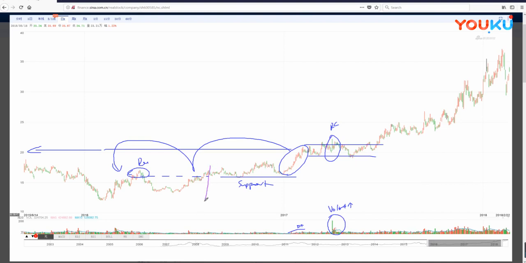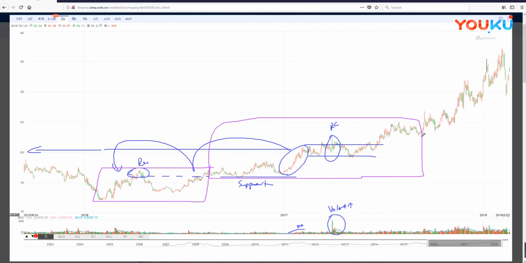And look at how the quality and the character of the way the rallies and the reactions behave is changing from one area of the uptrend to another. We could see that in the first area, we do have some kind of accumulation attributes with the contracting supply signature.